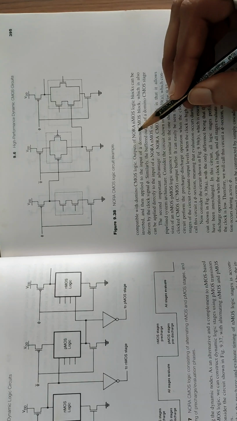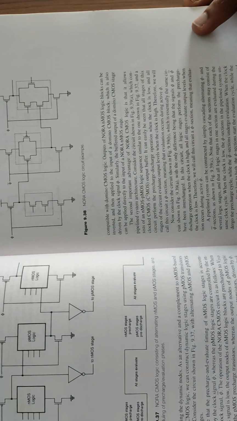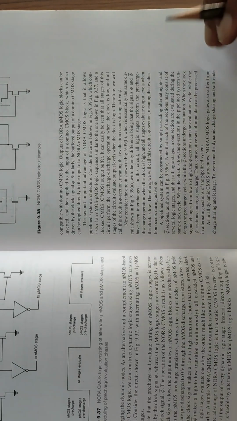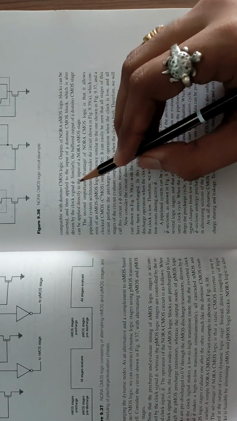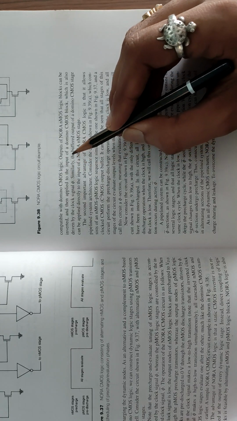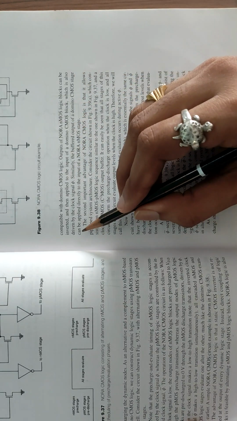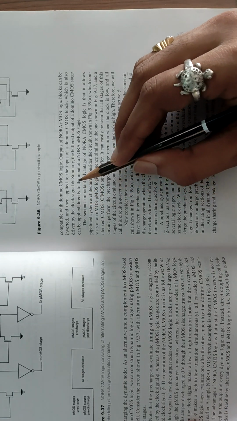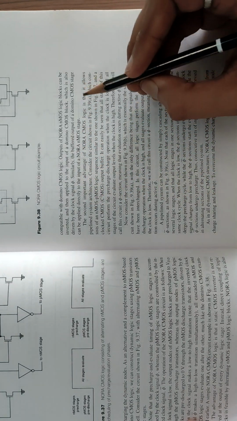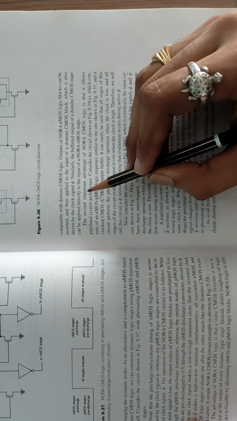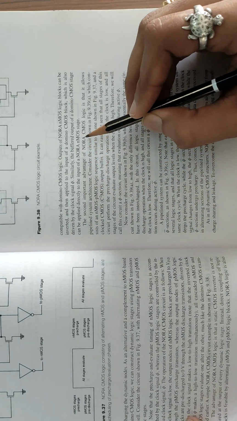Outputs of NORA NMOS logic blocks can be inverted and then applied to the input of the domino CMOS block, which is also driven by the clock signal phi. Similarly, the buffered output of a domino CMOS stage can be applied directly to the input of a NORA NMOS stage.